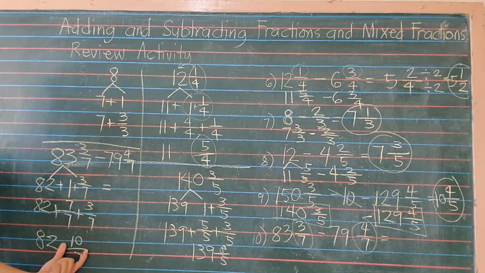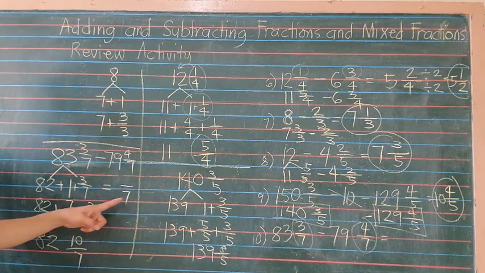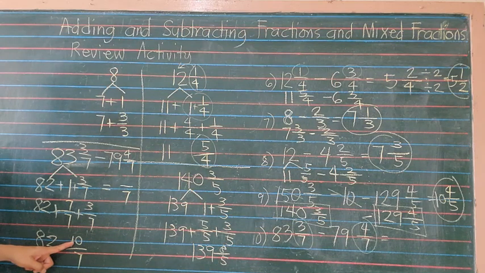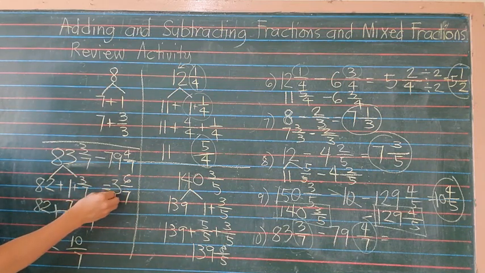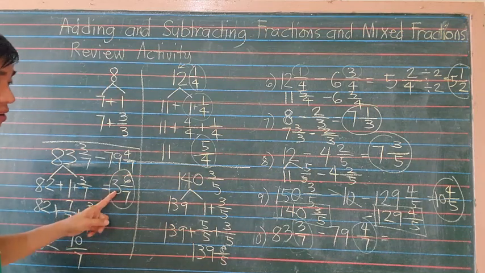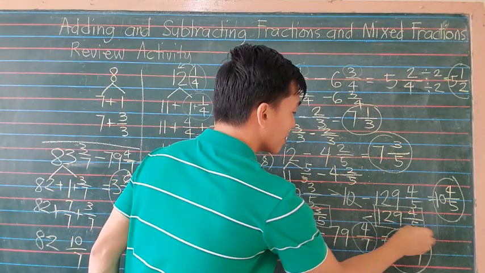This one is enough now to be subtracted by 4/7. Just copy the common denominator 7. Then 10 minus 4, that is equal to 6. Then 82 minus 79, that is equal to 3. Therefore, the final answer is 3 and 6/7.